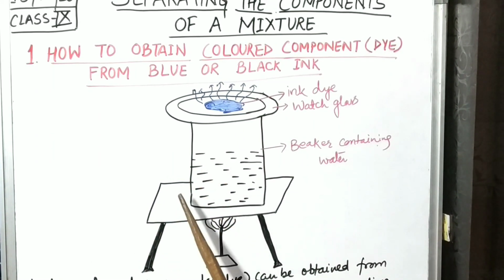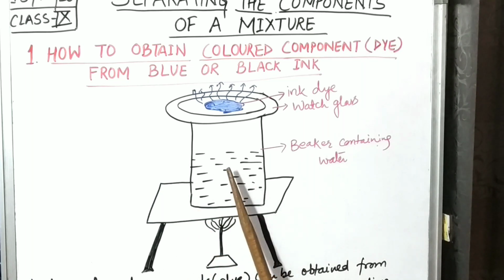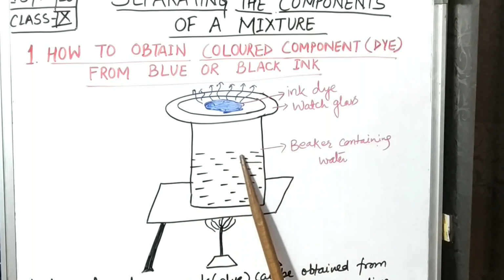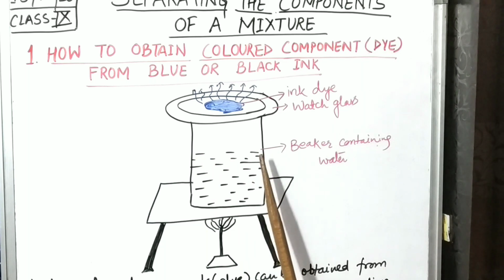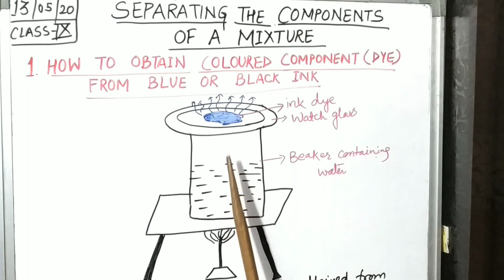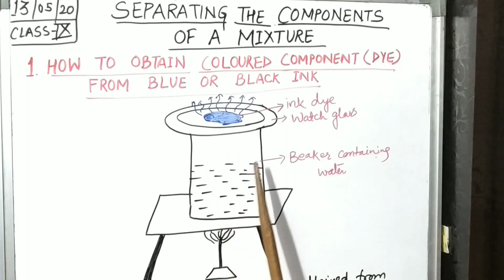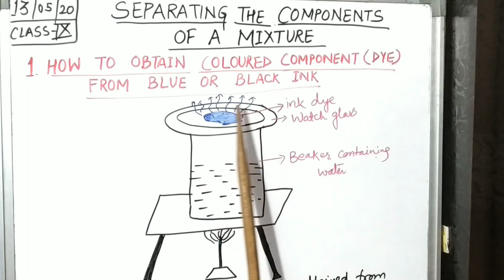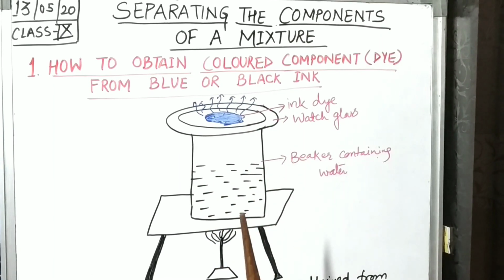In this figure, one stand is taken and one beaker is taken with water, which is filled half with water, so that it can be heated and evaporated, meaning steam can form in it. That's why it is filled half, and a watch glass is kept over it.